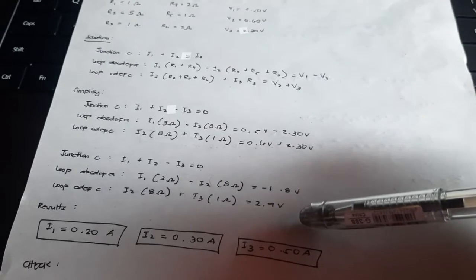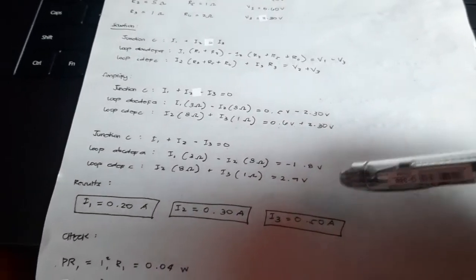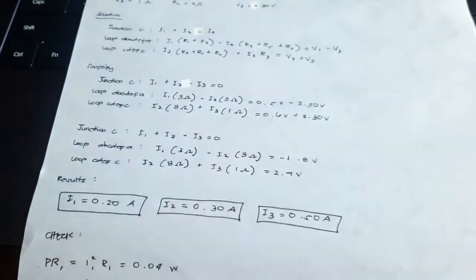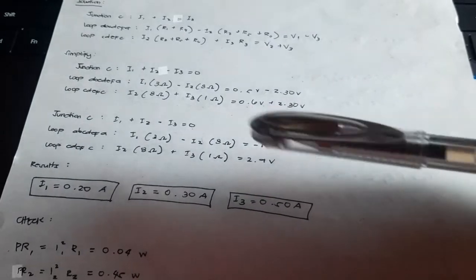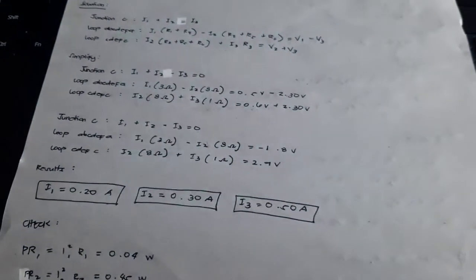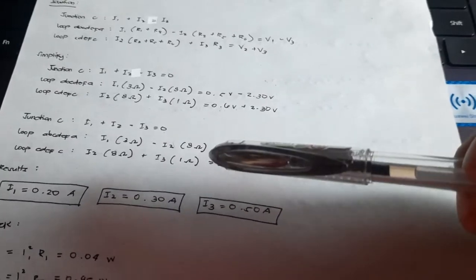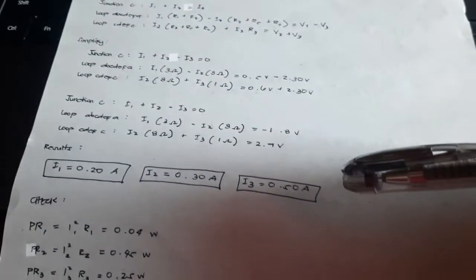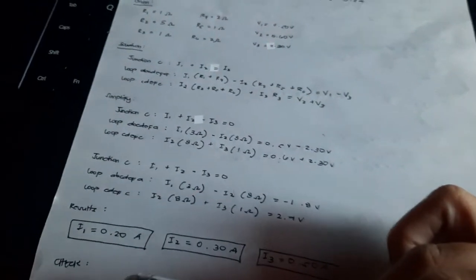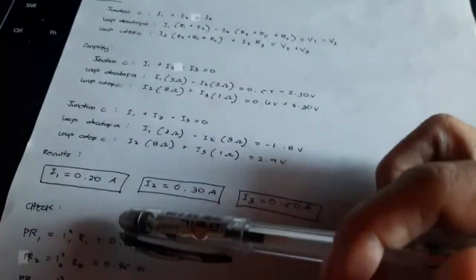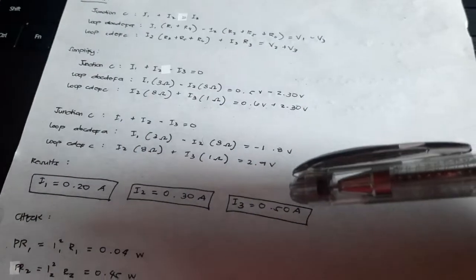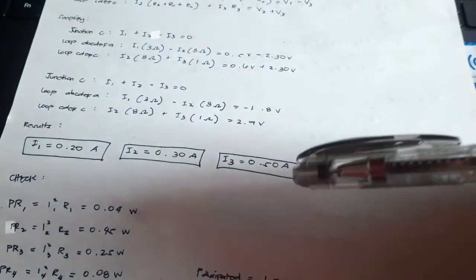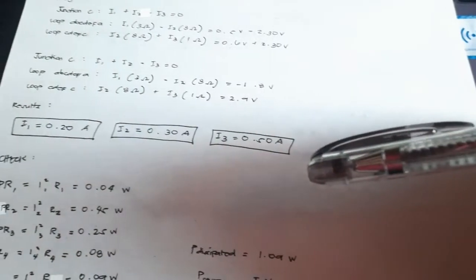Then minus negative 1.8 V. Then loop C, D, E, F, C: I sub 1 times 8 ohms plus I sub 2 times 8 ohms plus I sub 3 times 1 ohm equals 2.9 V. So ang result dayon niya is ang I sub 1 is 0.20 ampere, I sub 2, excuse me, 0.30 ampere, I sub 3 is equals to 0.50 ampere.